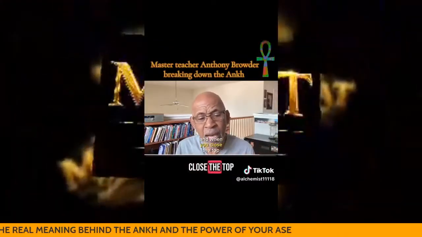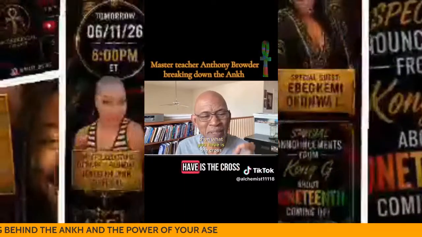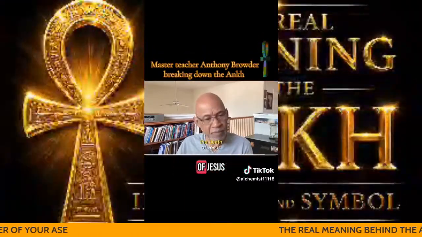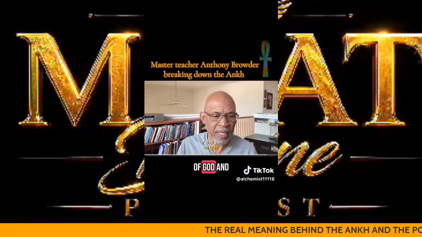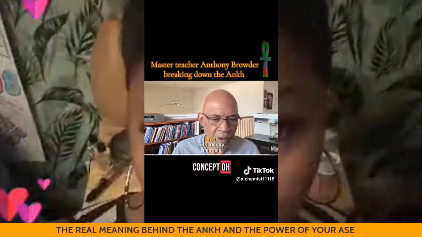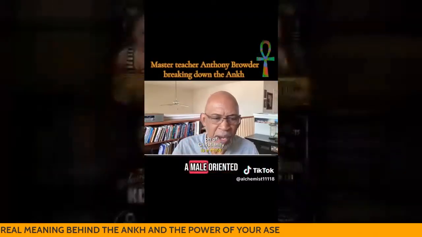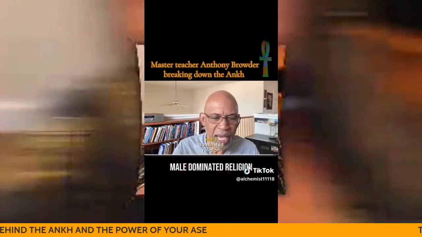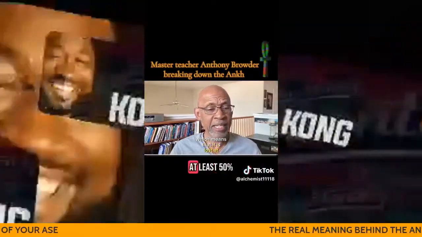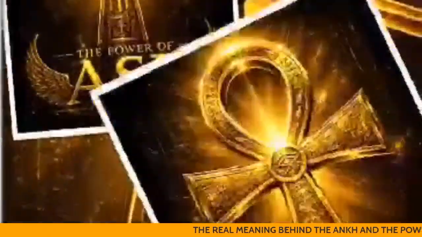And when you close the top portion of the Ankh, then what you have is the cross. And the cross symbolizes the death of Jesus, or the Son of God, and reinforces this concept of Christianity as a male-oriented, male-dominated religion, which means that it has lost at least 50% of its soul.